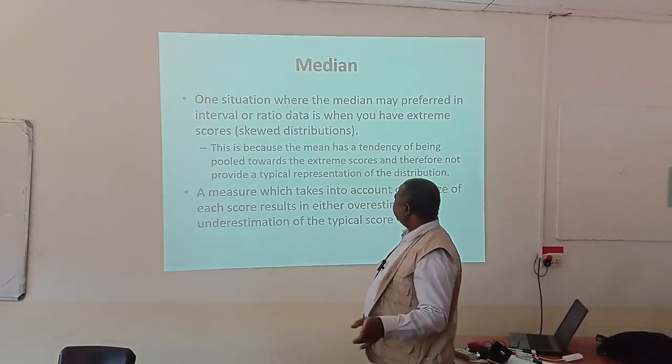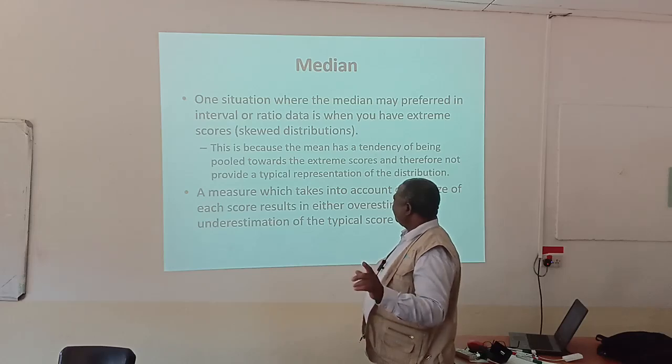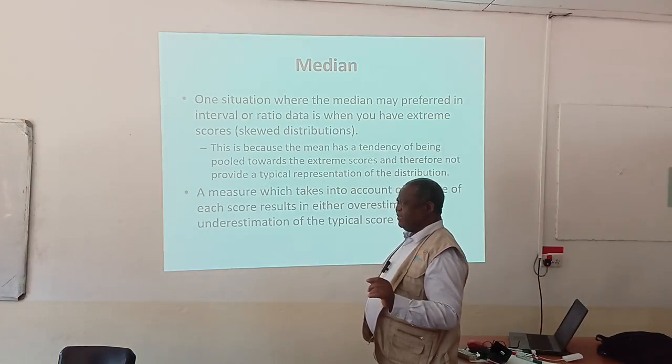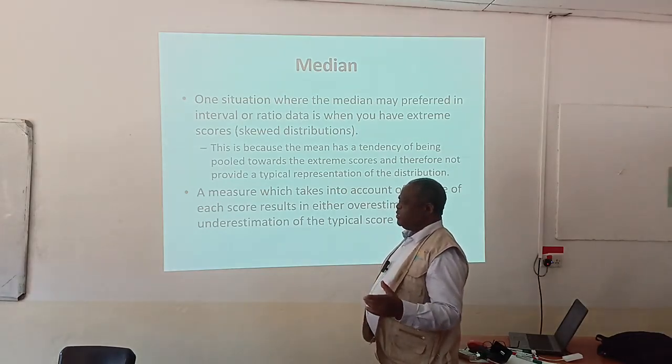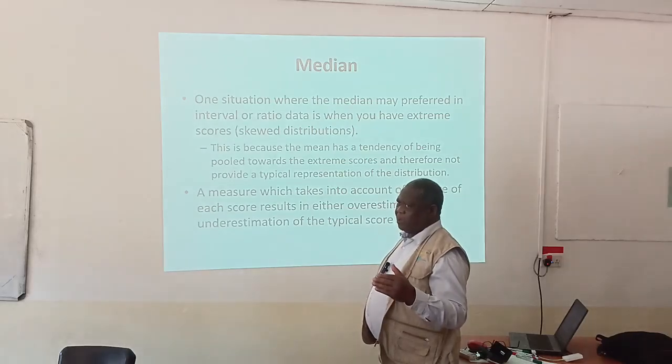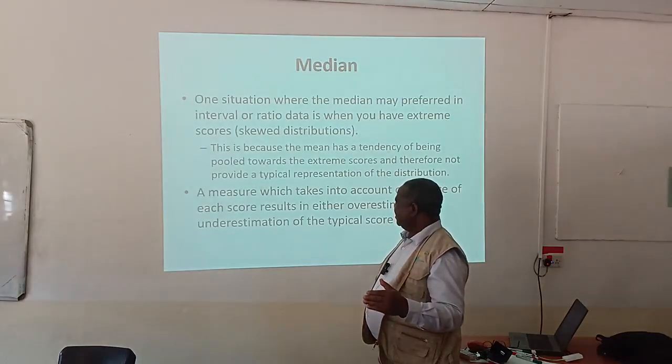If you have interval data, you have also ratio data. People would expect you to use a mean, which is the best measure for coming up with a central tendency.